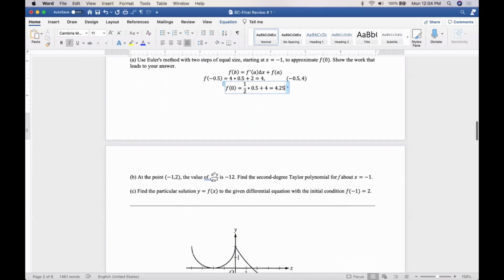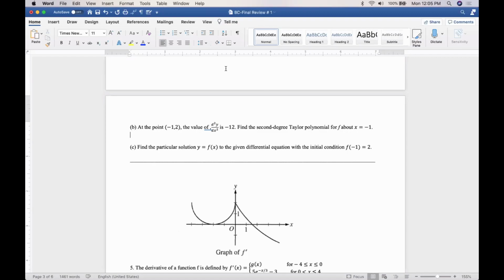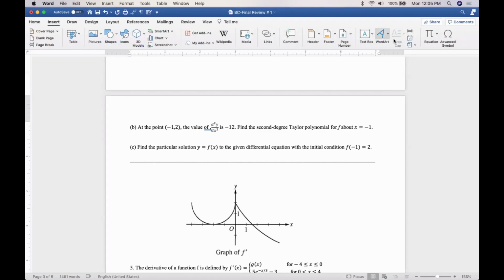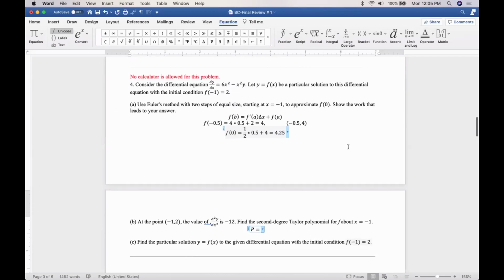Okay. Part B. At the point -1, 2, the value of the second derivative is -12. Find the second degree Taylor polynomial at x equal -1. That should be easy. The polynomial that they're asking for equals f of -1. f of -1 happened to be 2.